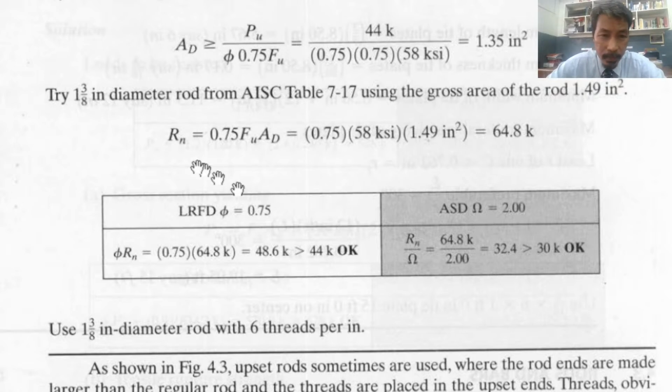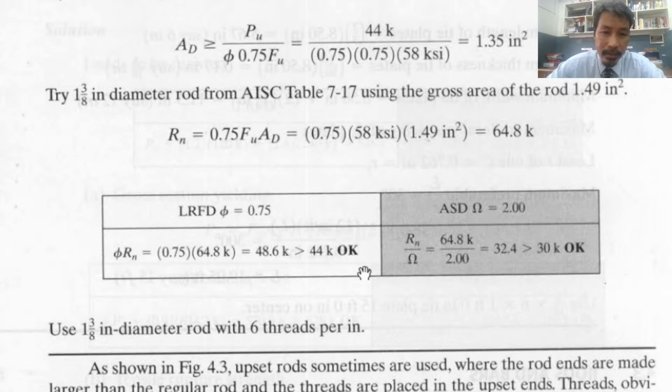Then after which you can now find out this Rn actual using that actual area, so then now you can find out the design strength.